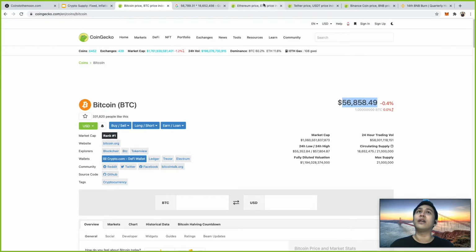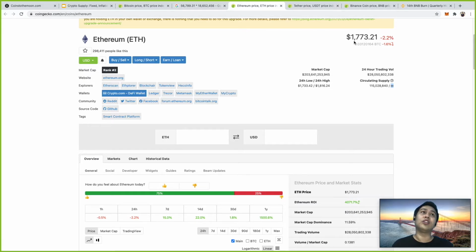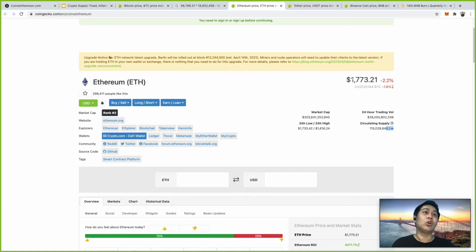So Ethereum is #2. And Ethereum, even though it has an unlimited supply, it goes up to 1,775 because of its utility. Ethereum is popular for ERC20, where you can create your own token on top of Ethereum. And the majority of the projects now are running on top of Ethereum.